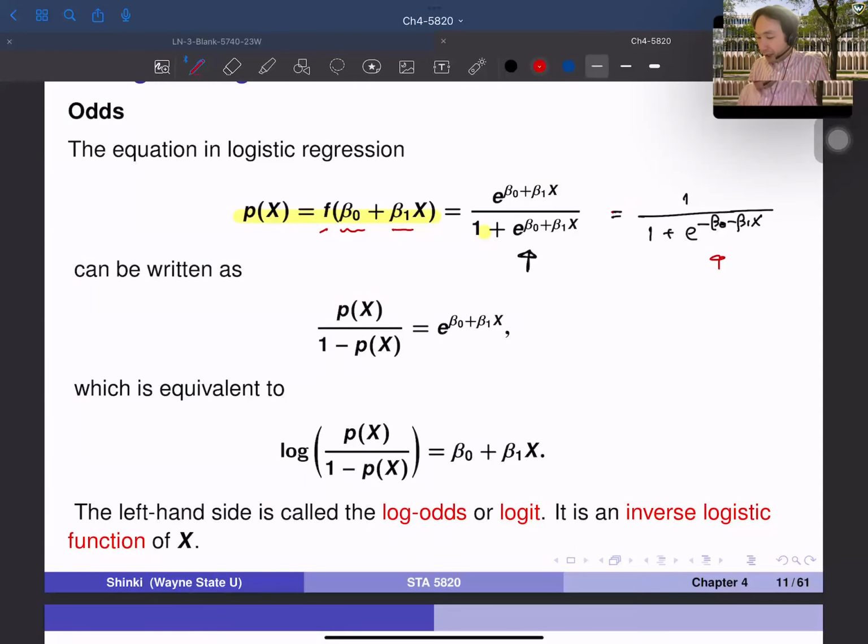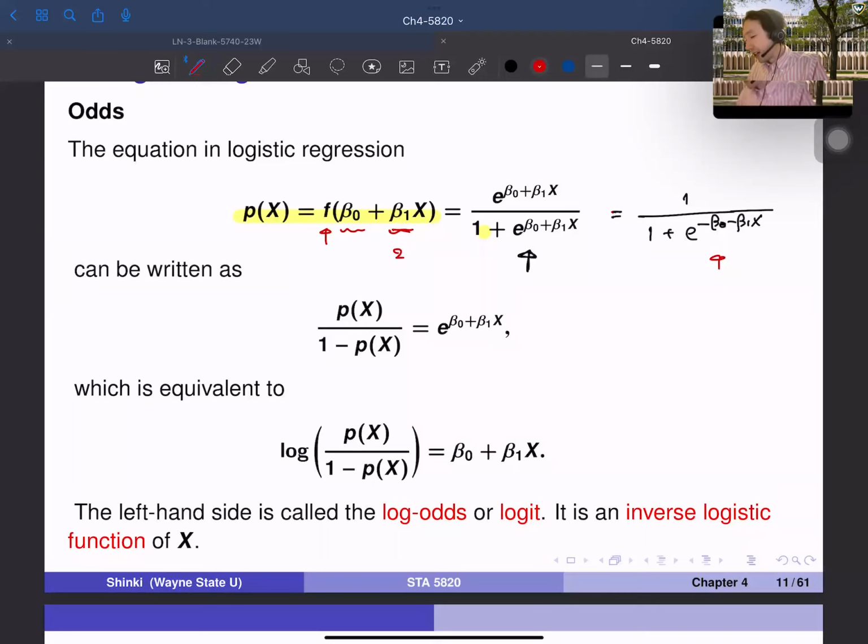Since we have F here, it's a little harder to imagine what beta naught and beta 1 mean. In linear regression, the interpretation is simple. If beta 1 is 2 and x gets larger by 1, then y gets larger by 2. So it's easier to interpret. But in logistic regression, it's a little bit hard.